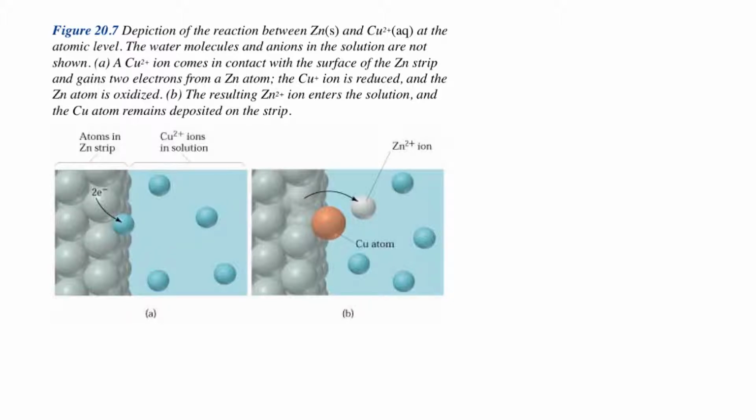The water molecules and the anions in the solution are not shown. A copper-2 ion comes in contact with the surface of the zinc strip and gains 2 electrons from a zinc atom. The copper ion is reduced and the zinc atom is oxidized. The resulting zinc-2 ion enters the solution and the copper atom remains deposited on the strip.